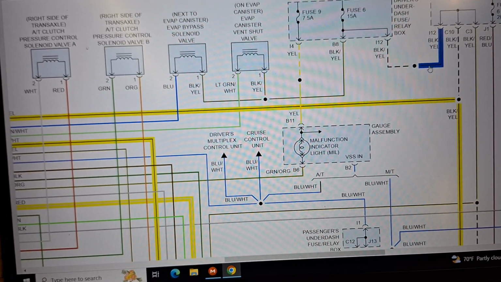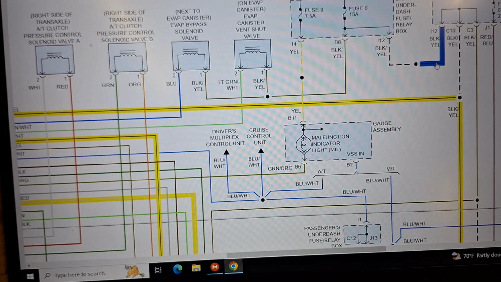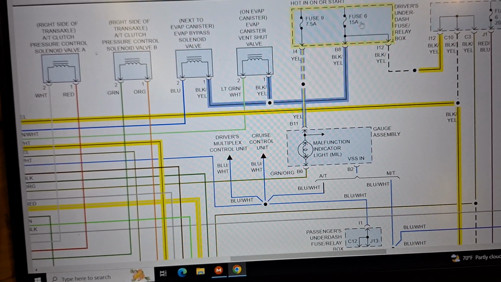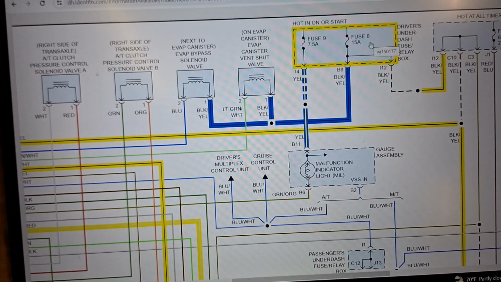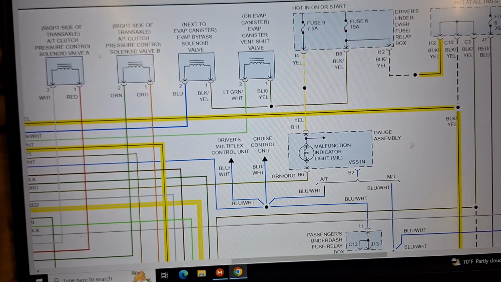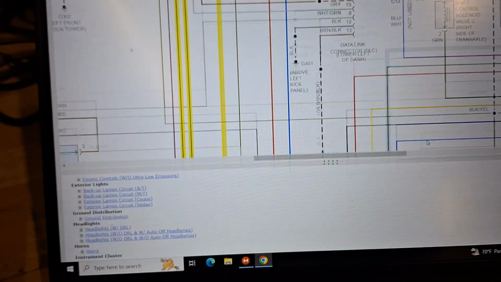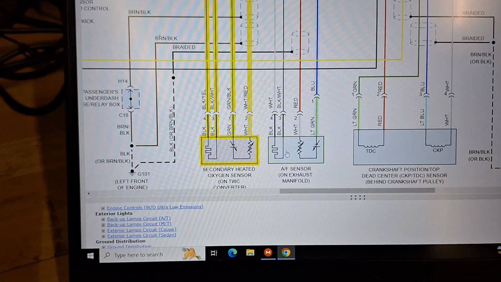If you follow this, it goes to fuse 6, 15 amp. So let's see if the second sensor is tied up with it or not.